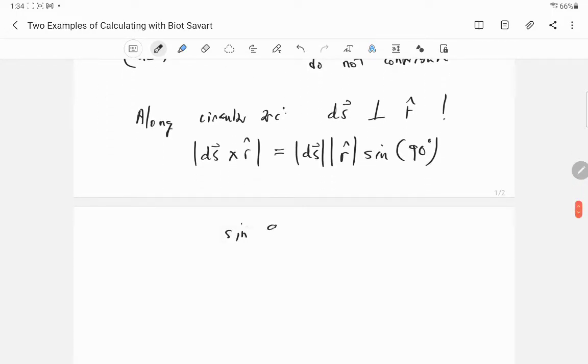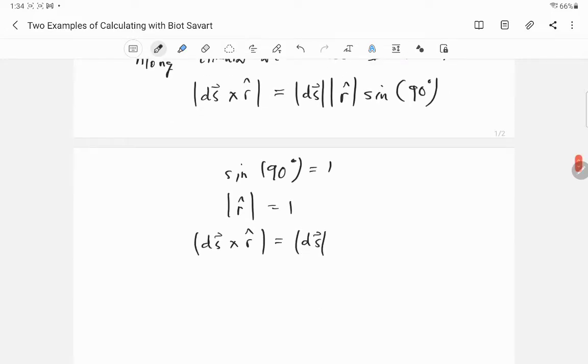But the sine of 90 degrees is 1. The magnitude of a unit vector is always 1. So the magnitude of ds cross r hat is always just the magnitude of ds, along the circular arc.